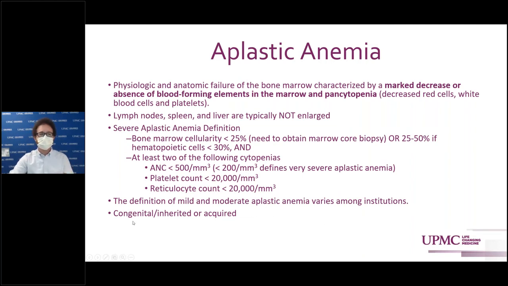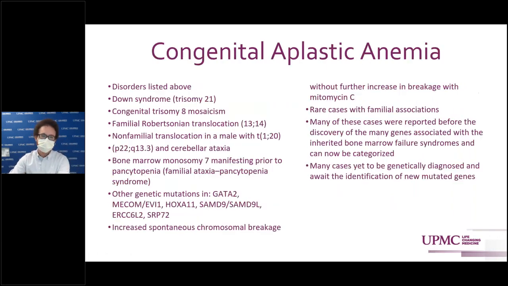It can be congenital, or inherited, or it can be acquired. So congenital, some of the disorders that we listed before, plus a slew of other ones, and multiple that are still being discovered and being noted to have genetic abnormalities. I don't want to go through this whole list, but I just want to show there's a wide variety.